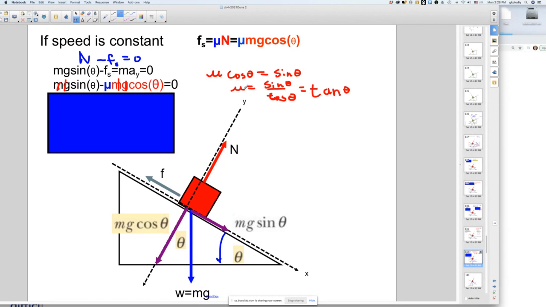So basically, to find mu, all we've got to do is find the tangent of the angle at which it just started slipping, which remember was about 21 degrees. So I'm using my calculator to find the tangent of 21 degrees, and it's 0.38.